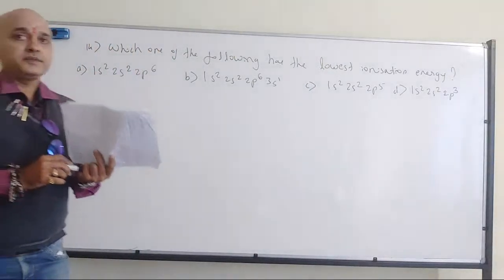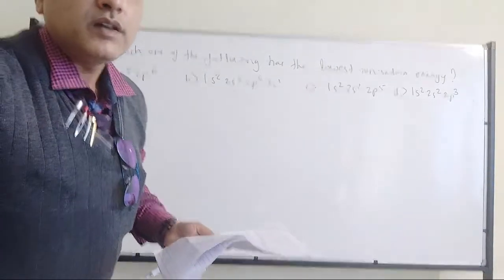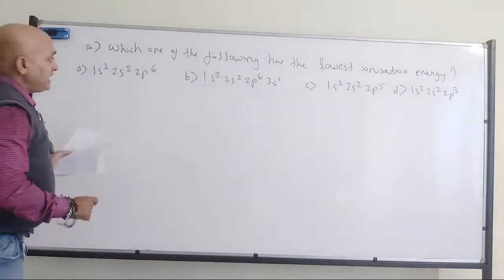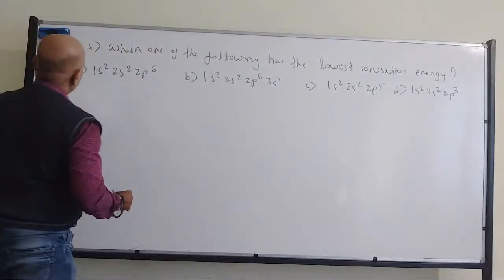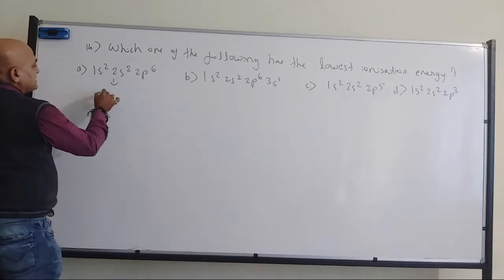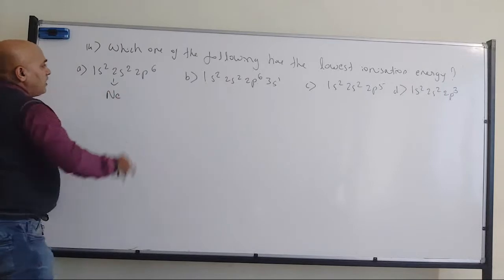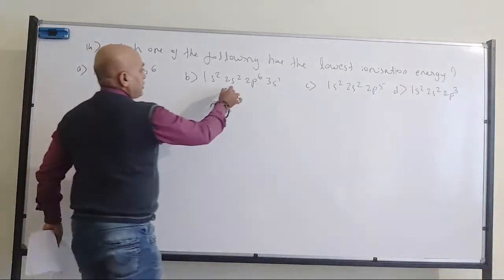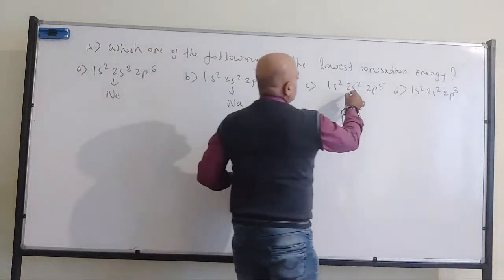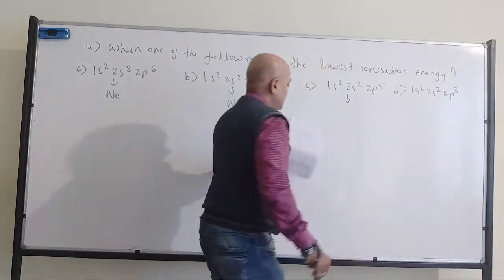So which one? Okay, option B. Yes, it should be option B. If I see the first one, 2p6 is there. It is nothing but neon, right? This one is nothing but sodium. Option C should be a halogen. Which halogen?